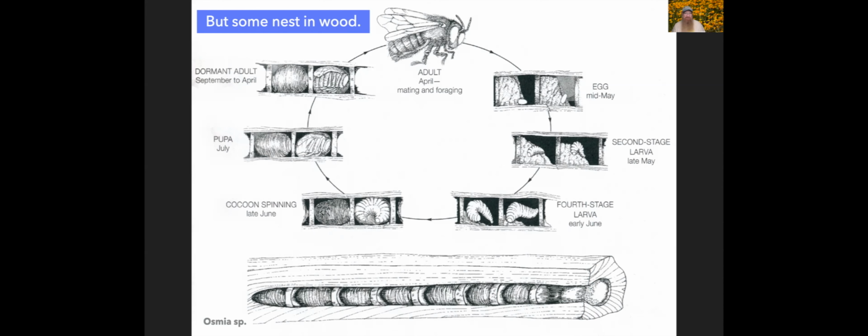That's how they make that tube. Look at the very bottom. That's the completed tube. And then they emerge as adults, usually next year. It's kind of a typical life cycle for leafcutter bees, like in the genus Osmia. The adults are metallic blue, metallic green, and some are metallic black.